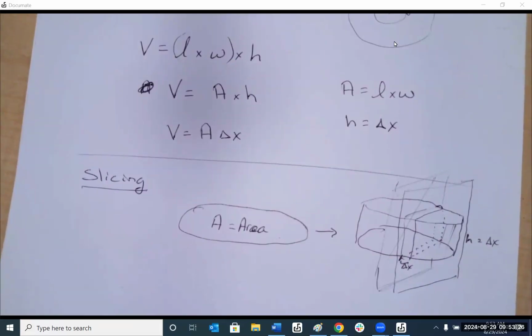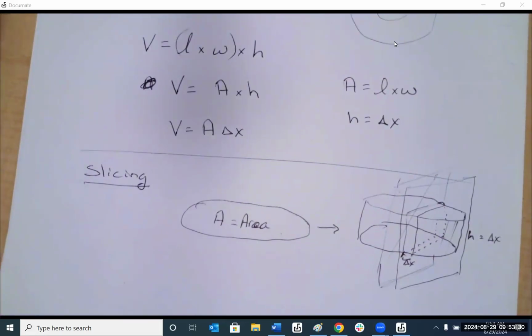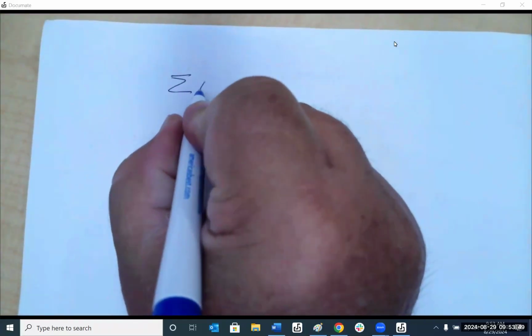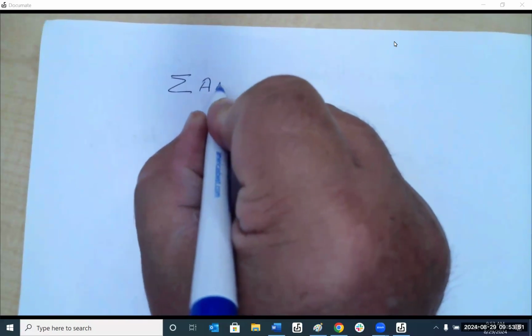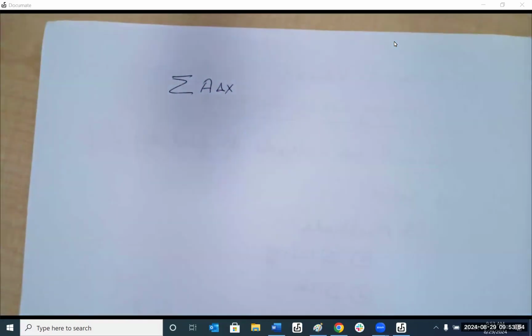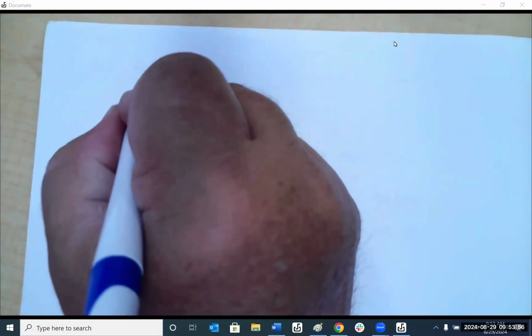Remember what the Riemann sum was from Cal 1? Yeah, okay. I know, you're being humble. The Riemann sum simply says it's the summation of all these little slices, and we take the limit of it.